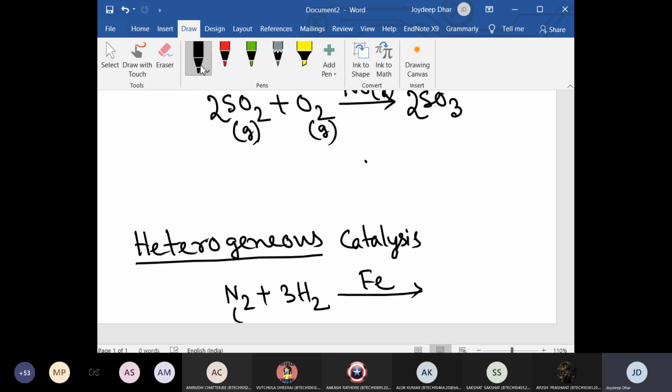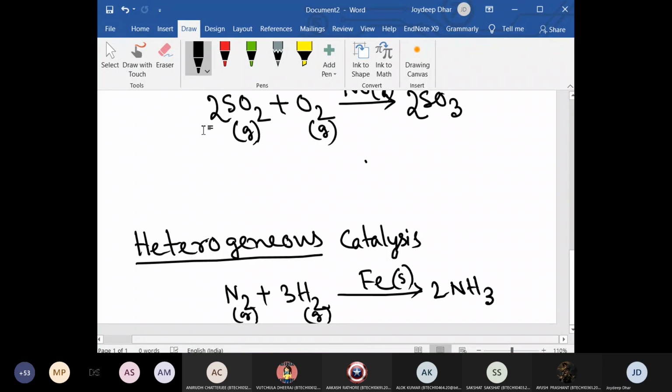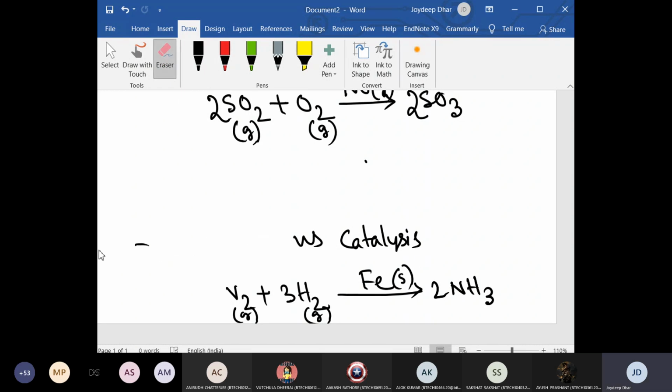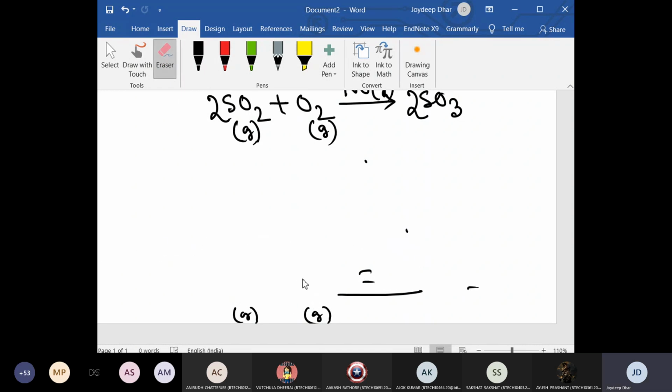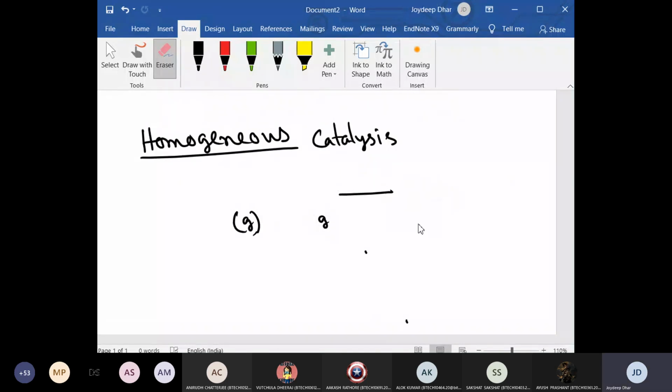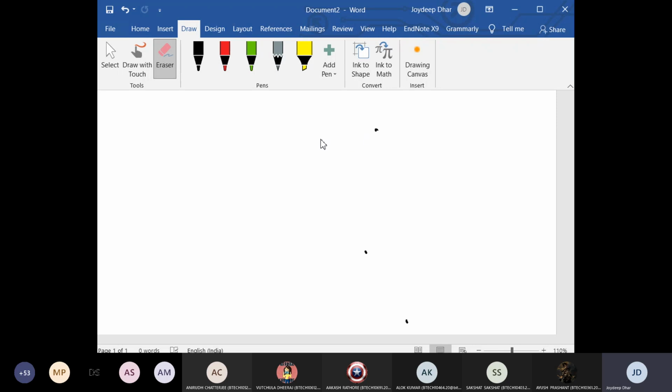So nitrogen is gaseous, hydrogen is gaseous, iron is solid. Okay, so in this case it is heterogeneous catalyst. These are common examples you can remember. If a question comes, give an example, you should write these common examples that are industrially important.